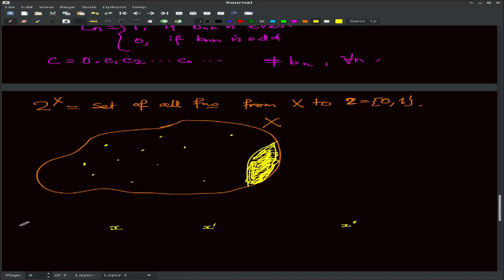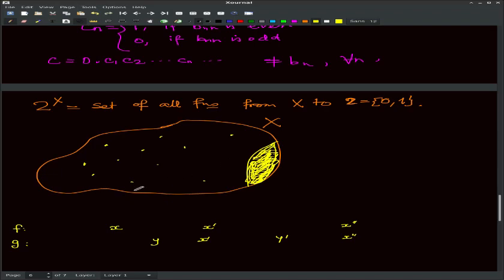Something like this. So this is this function f. Another function g is possibly something like this. Okay?